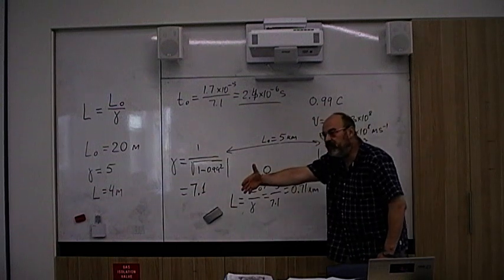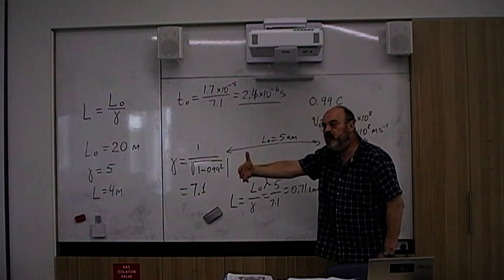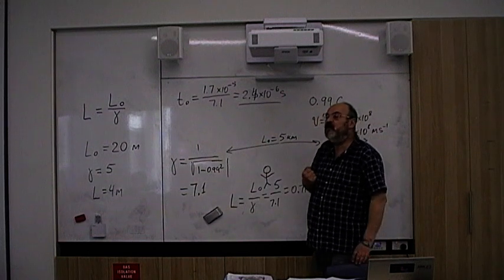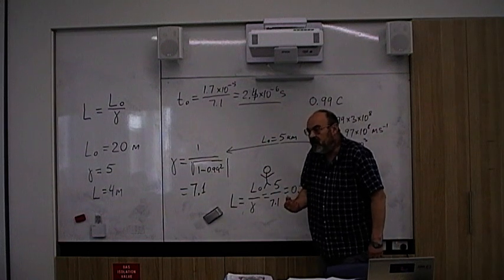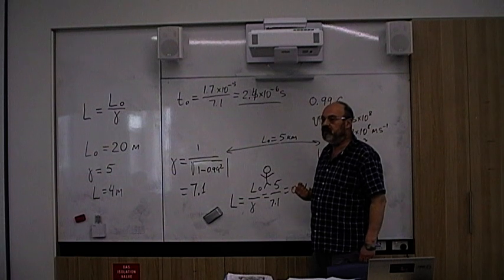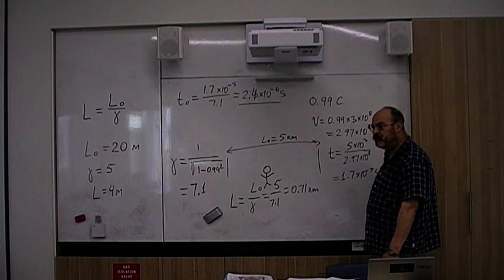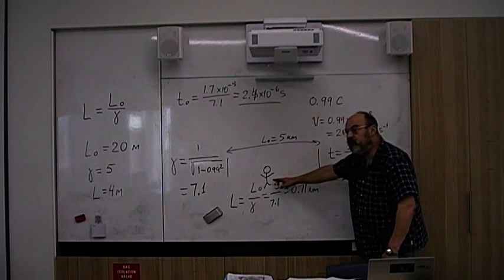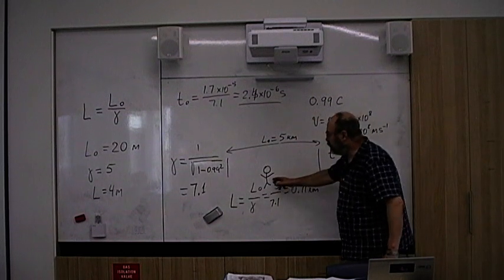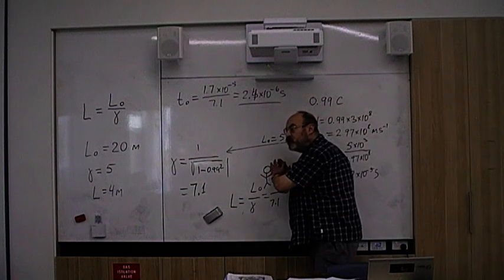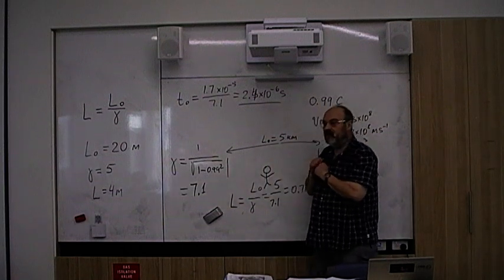The scientist is looking at the particle, so that will not be proper time. If the scientist were moving with the particle, then that would be proper time. Make sense? The reason why you use proper length is because scientists are stationary relative to the accelerator.